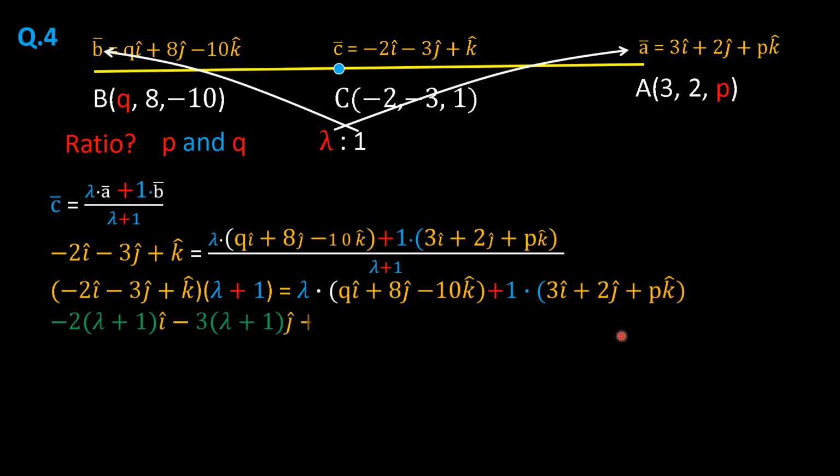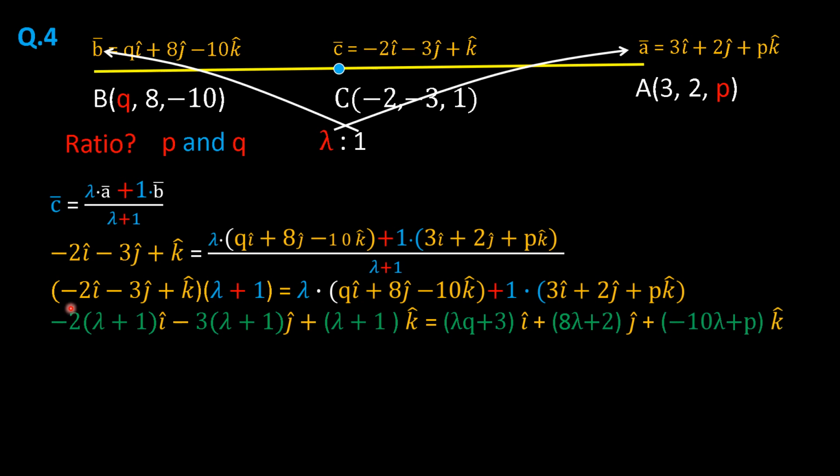So it will be minus 2 times (lambda plus 1) I minus 3 times (lambda plus 1) J and (lambda plus 1) times K, which will be equal to (lambda q plus 3) times I, (8 lambda plus 2) times J, and (minus 10 lambda plus p) times K.